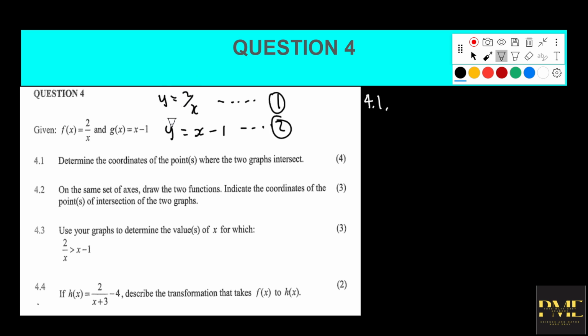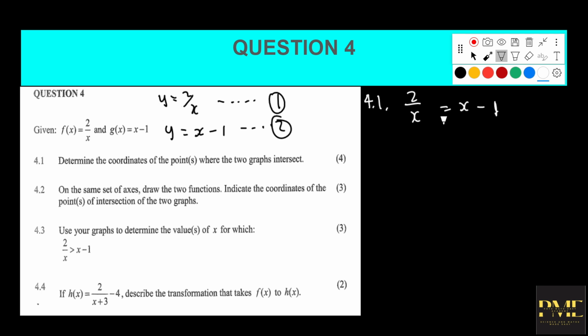Okay, so because where the graphs intersect they are equal at one point, you can easily equate these two equations to solve for your value of x. Okay, and then you can therefore make use of any equation to calculate your value of y. So in other words, we're just going to be equating them. So we'll have 2/x = x - 1.